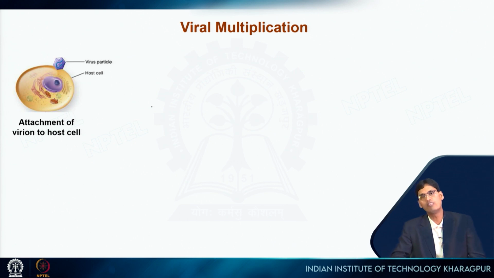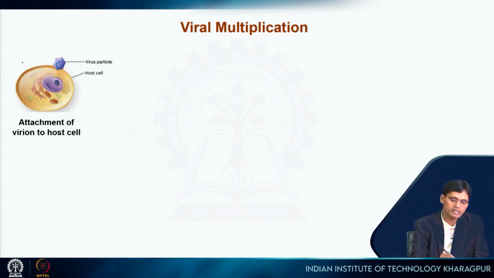Here, viral multiplication: how a virus actually multiplies inside the host cell. Here particularly I will discuss this with a mammalian cell or animal cell as an example. As you can see, this is some eukaryotic cell, some animal cell, and the nucleus is present here.